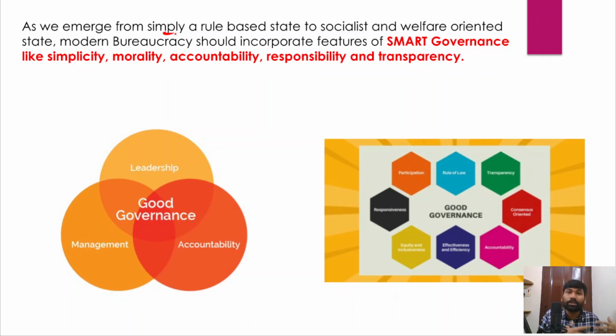But now we have been making a transformation from rule-based bureaucracy to a more welfare-oriented state. And modern bureaucracy should also incorporate these features of smart governance, right? So smart governance essentially includes simplicity, morality, accountability, responsibility, and transparency. So this smart governance is the need of the hour, right? So that's how you can conclude the answer.